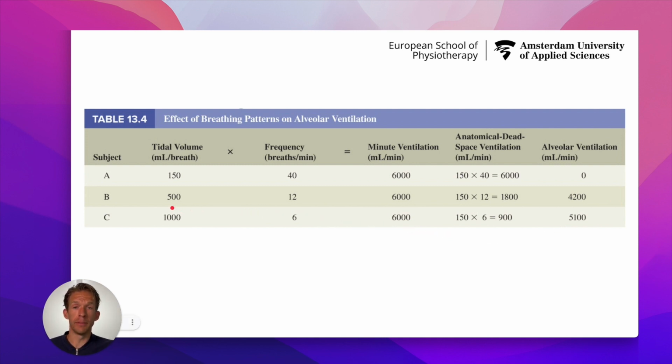If you breathe a little bit more with a normal tidal volume of 500 and you do so with 12 breaths per minute, you would still have 6,000 milliliters, so 6 liters of minute ventilation. But because you're now basically breathing in 12 times this 150 milliliters, you're left with 4.2 liters per minute. Again, during rest or even during exercise, that would be still more than enough.